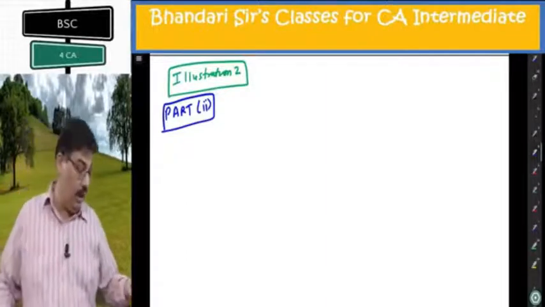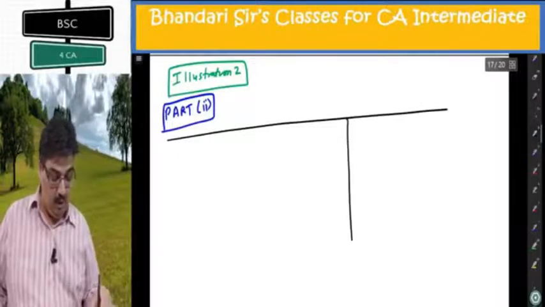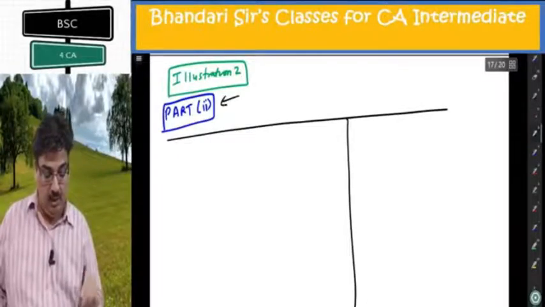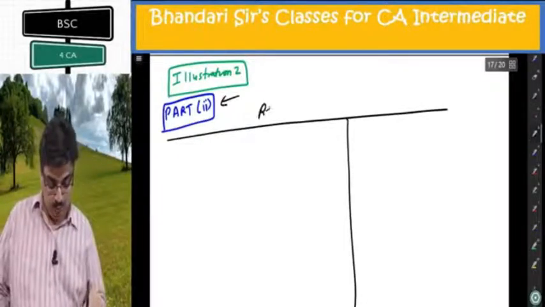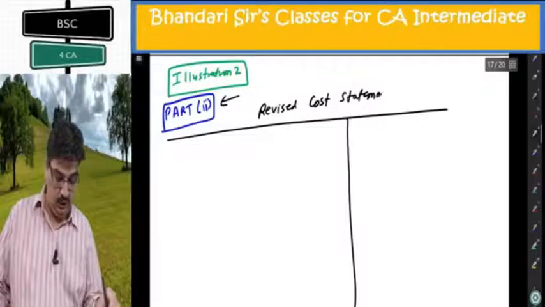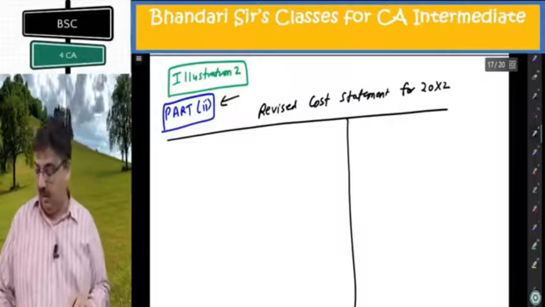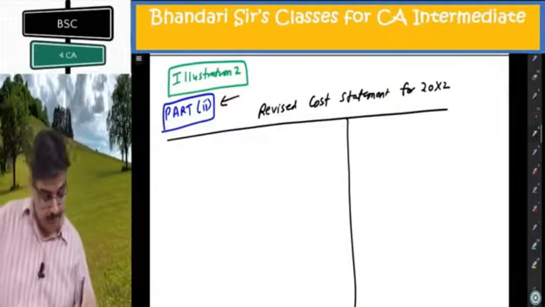But it is to be revised as per the data which is given. So I make the cost statement. I am doing first is part number 2. Revised cost statement for 20x2. Your year can be different depending on the booklets that you are carrying.